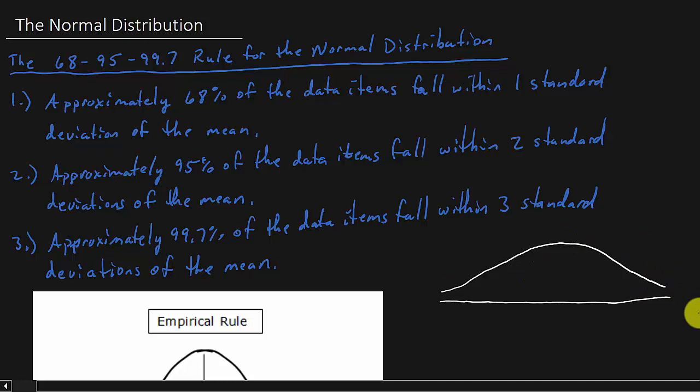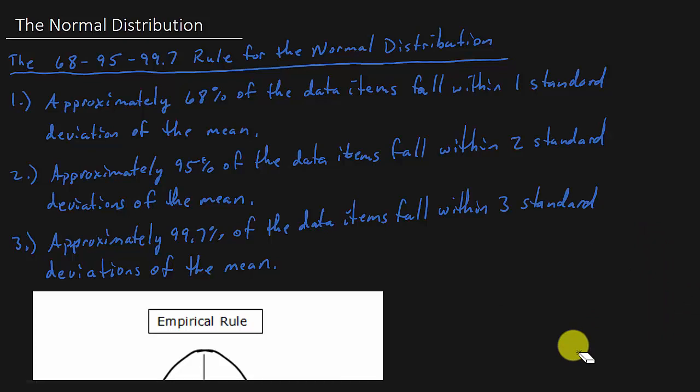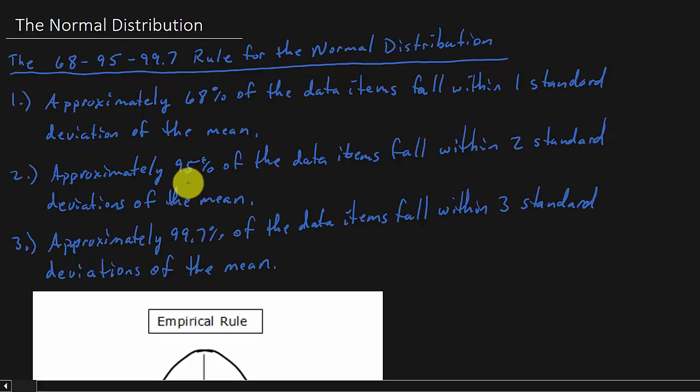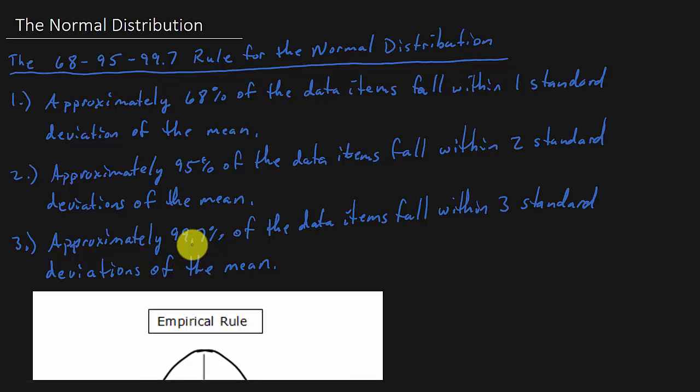Okay, it would make a bell-shaped curve. So what it says is approximately 68% of the data items fall within one standard deviation of the mean, 95% within two standard deviations of the mean, and 99.7% fall within three standard deviations of the mean.